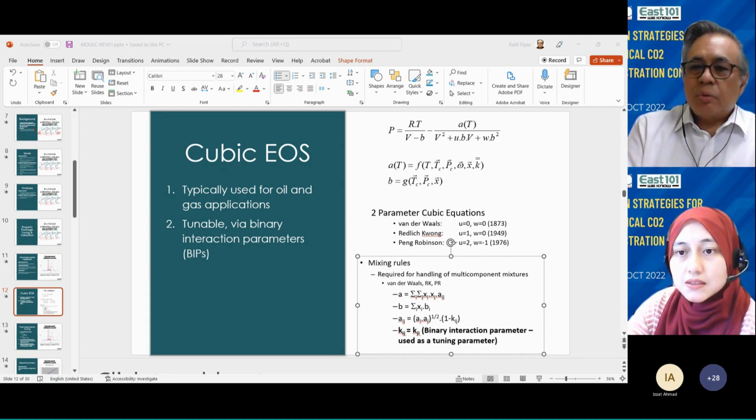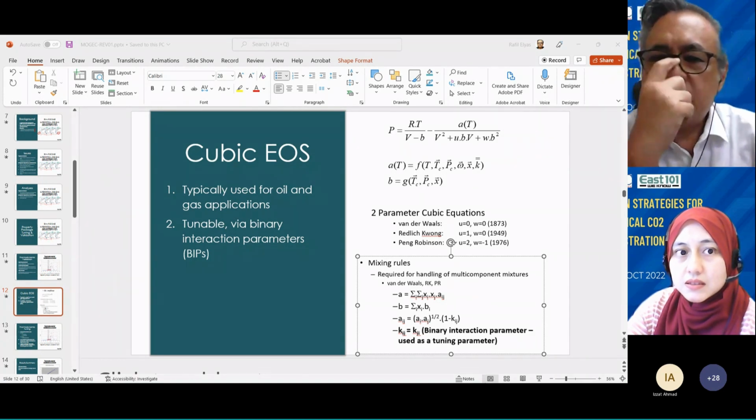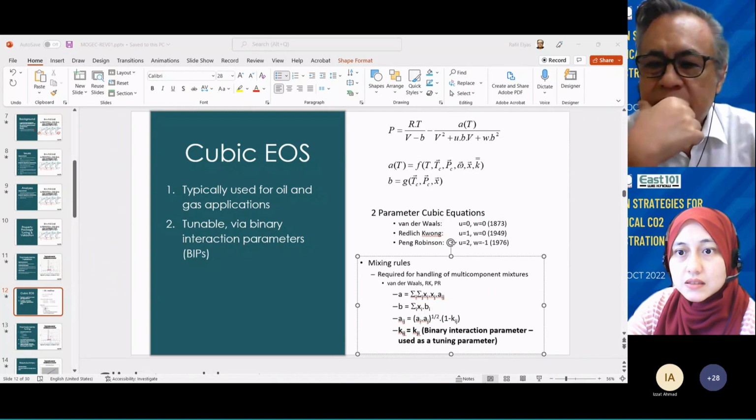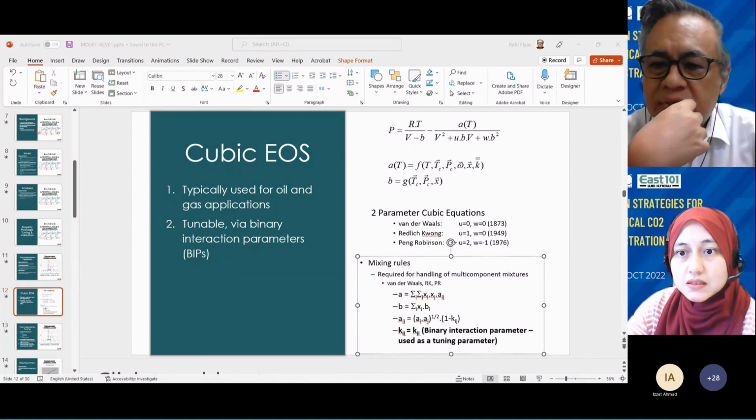We can adjust the dense factor to increase the phase envelope so it will be within the vapor phase. I'm afraid I don't quite understand what the dense factor is. Increase the phase envelope so it will be within the vapor phase.